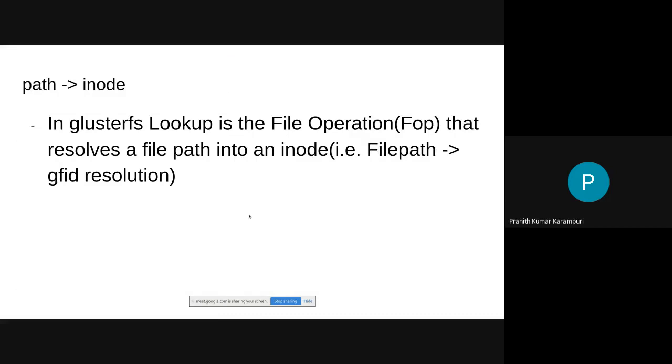if all operations in GlusterFS are going to be done on an inode, there has to be an operation which is going to convert from path to the inode, right? So all such operations in GlusterFS are called FOPs. All disk system calls are essentially going to be represented in GlusterFS as FOPs, which is short for file operations.